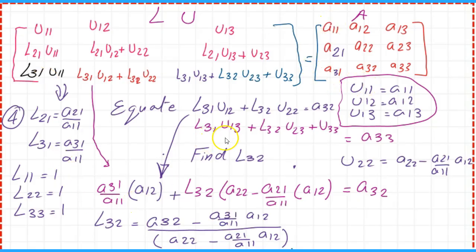We multiply by U12, which is A12, plus L32 by U22. U22 we already have as equal to A22 minus A21 over A11 by A12, equal to A32. Then this is the expression of L32 equal to A32 minus A31 over A11 by A12, divided by A22 minus A21 over A11 by A12.